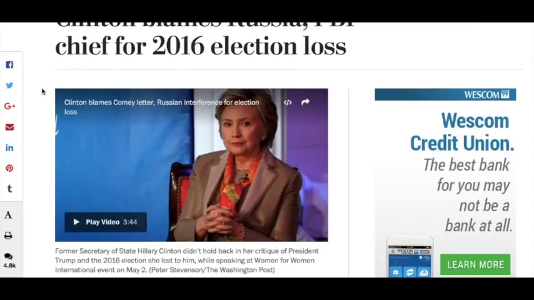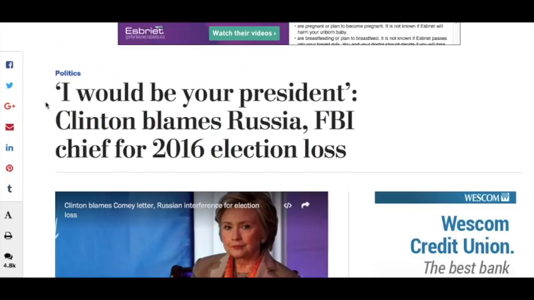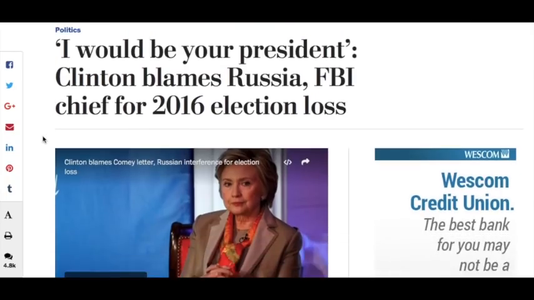And who's the CIA? Oh, it's these people, right? These people are 100%. She was Secretary of State, right? I would be your president, except for Russia and the FBI. And this is Washington Post.